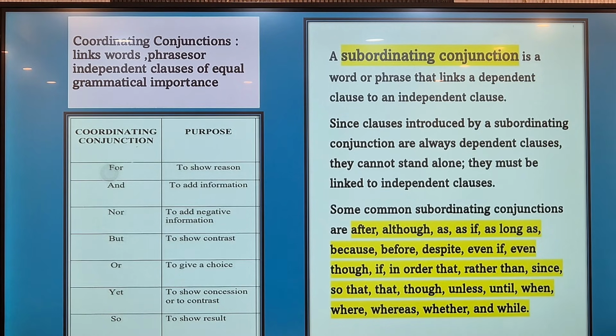So then we come to the subordinating conjunction, which is a word or phrase that links a dependent clause to an independent clause. Since clauses introduced by a subordinating conjunction are always dependent clauses, they cannot stand alone.